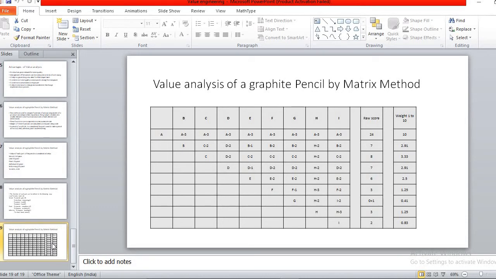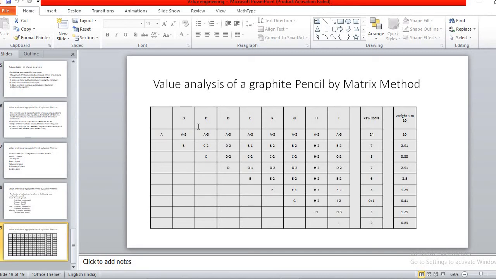So to making the mark, lead is a major element. Lead, making a mark, is function A. So this A function is most important, and we consider this function importance given by weightage as A3. So between A and B, A is important, with weightage A3.